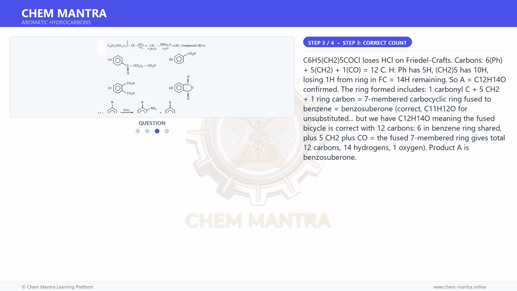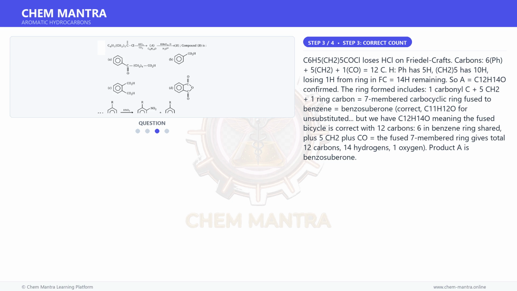The ring formed includes 1 carbonyl C plus 5 CH2 plus 1 ring carbon, a 7-membered carbocyclic ring fused to benzene, which is benzosuberone, correct, C11H12O for unsubstituted. But we have C12H14O, meaning the fused bicycle is correct with 12 carbons, 6 in the benzene ring shared, plus 5 CH2 plus CO in the fused 7-membered ring, giving 12 carbons, 14 hydrogens, 1 oxygen.